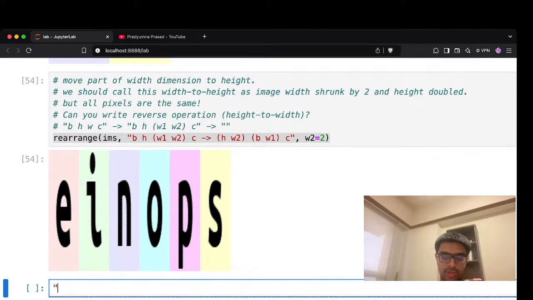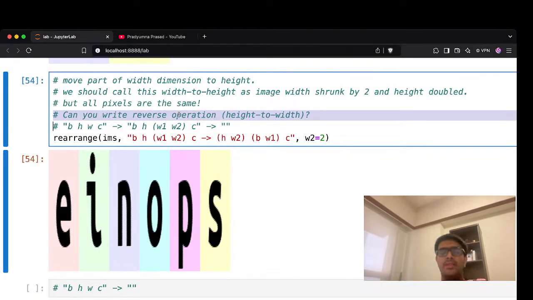Originally what we have, let's do it in a comment first, is a BHWC. Then we can split. What the question asks for is, can we have the width doubled and the height halved?